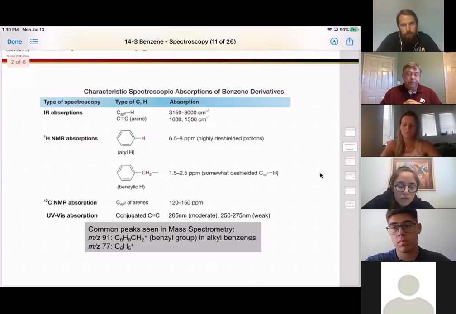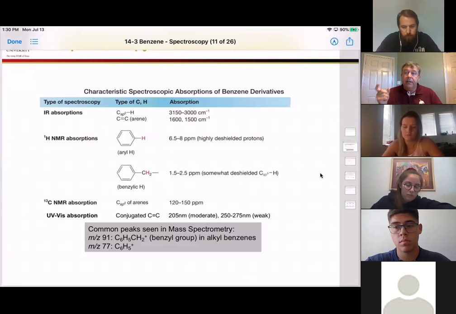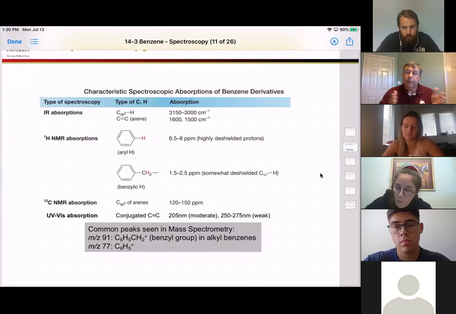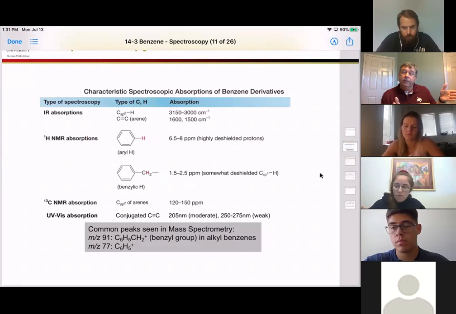Okay, so if we just look at benzene, all we have is carbon-hydrogen bonds and carbon-carbon double bonds, okay? So when we think about the two zones that those would show up in, carbon-hydrogen bonds show up above 3,000 wave numbers, up to 4,000 wave numbers.